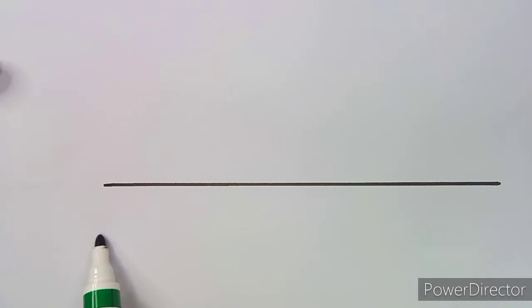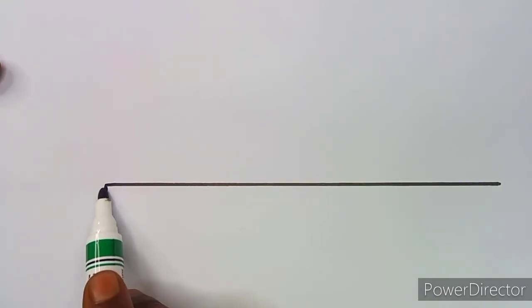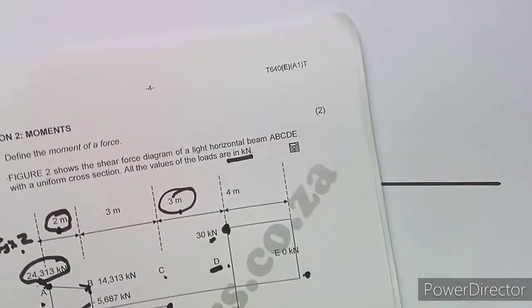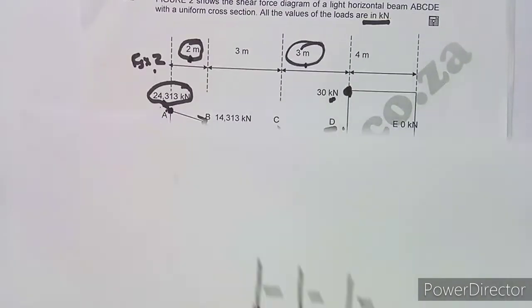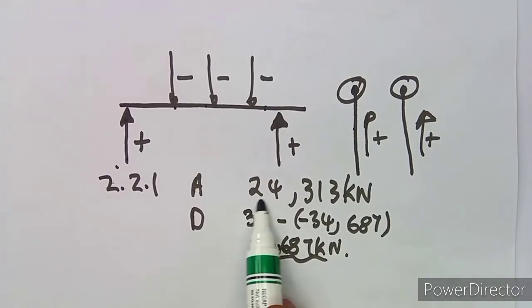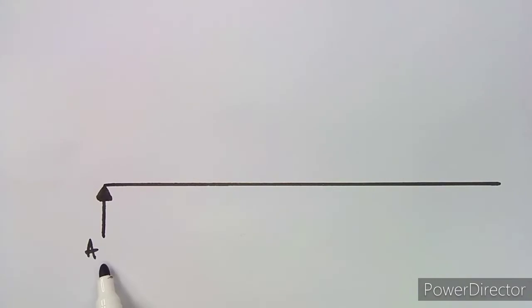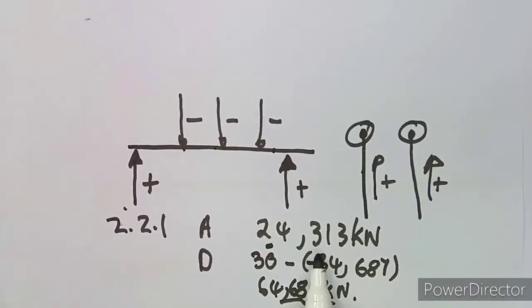Indicate this is a support at point A. The force that we wrote at A is the one that you're going to write at that position, which is 24,313 kilonewtons.